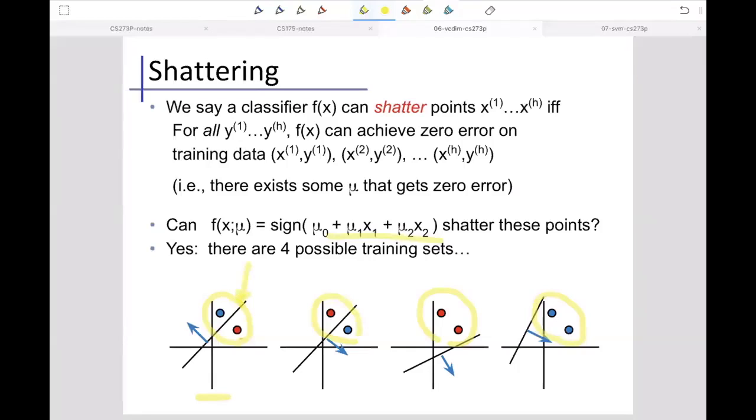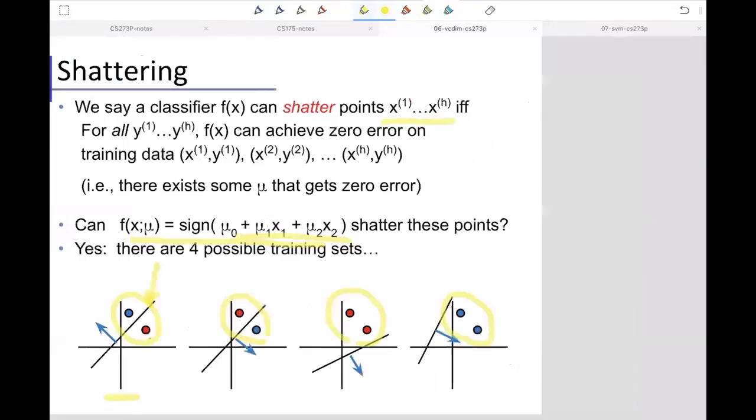By choosing the parameters θ0, θ1, θ2, you can correctly separate these two data points, no matter the choice of the label assignment. For this reason, we say this particular classifier with these 3 parameters can shatter these two data points. Okay, so that's called shattering.